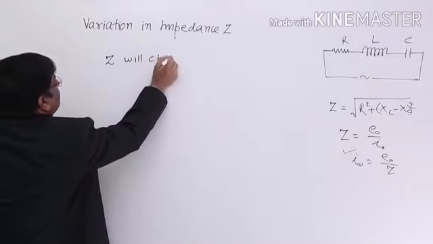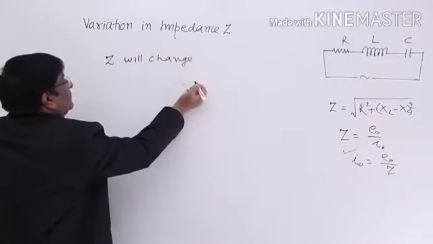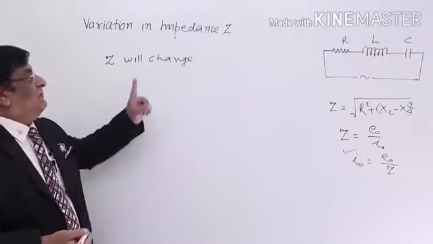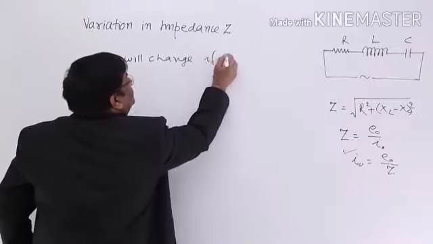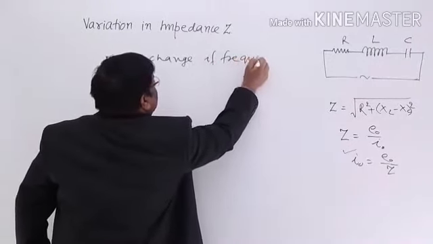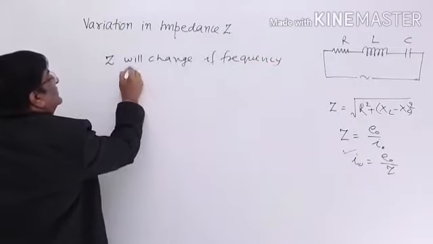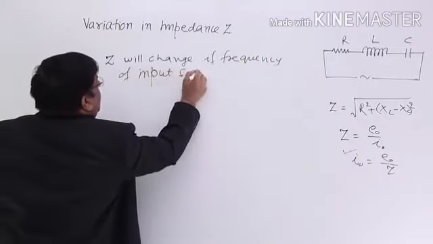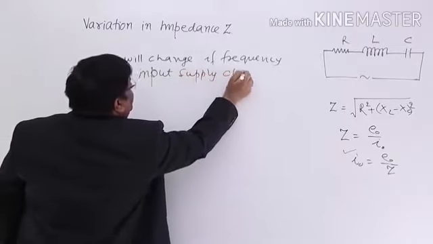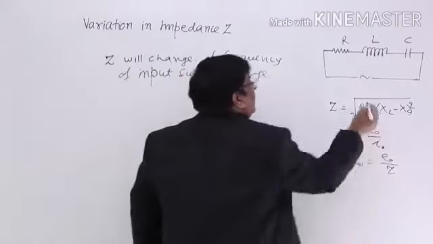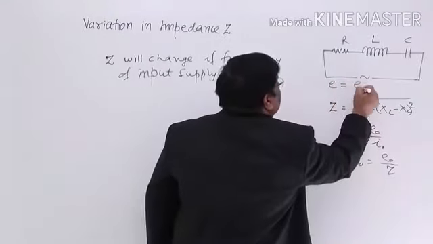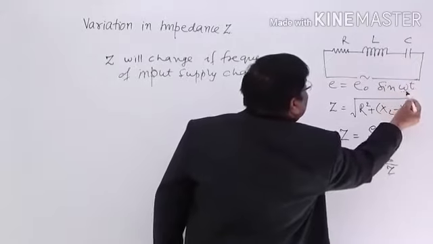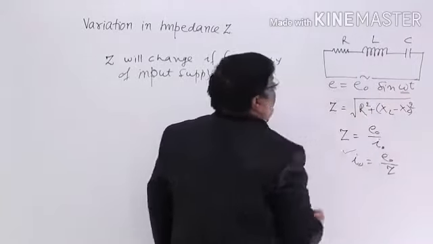And what is the condition for Z to be minimum? First, when will Z change? Z will change if the frequency of the input supply changes. Here is the input supply: E is equal to E0 sine omega t, and this is the frequency of the input supply.